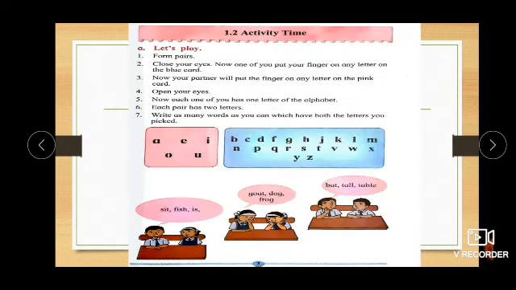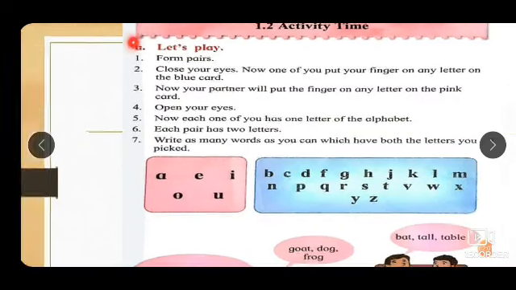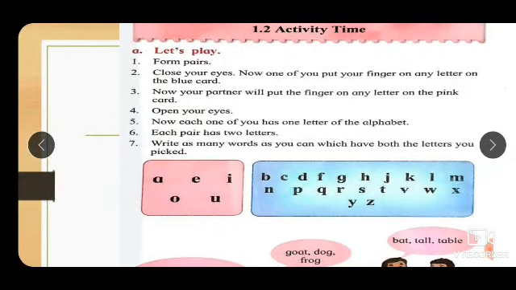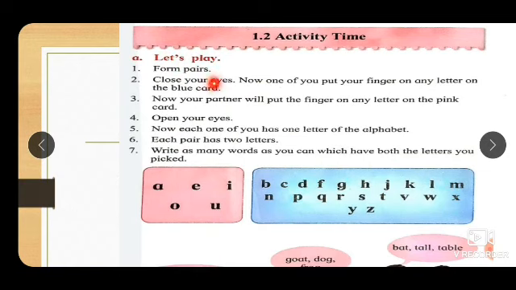We'll come to page number 3 of English Balbharti textbook, Activity Time. Let's read the lesson first. A. Let's play. 1. Form pairs. 2. Close your eyes. Now one of you put your finger on any letter on the blue card. 3.